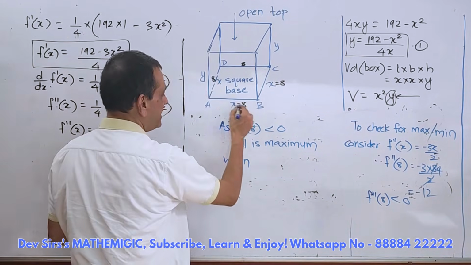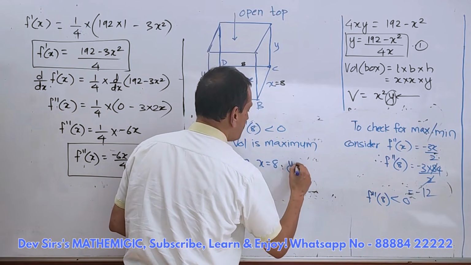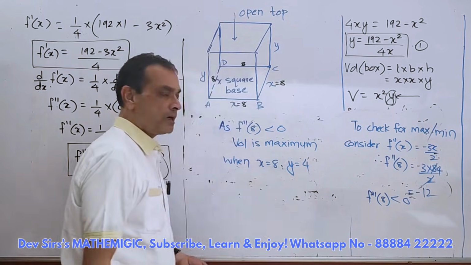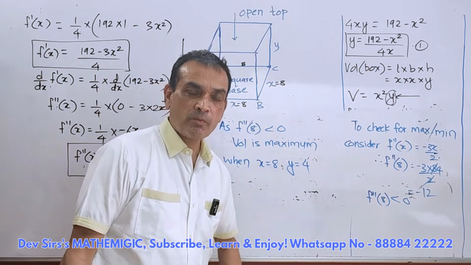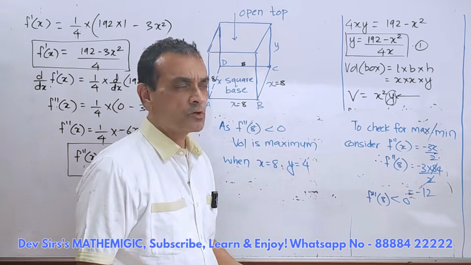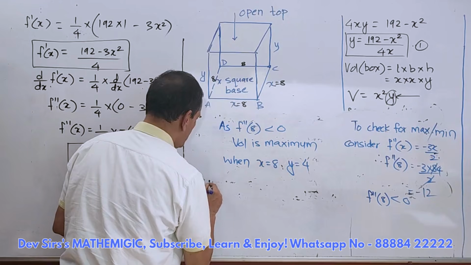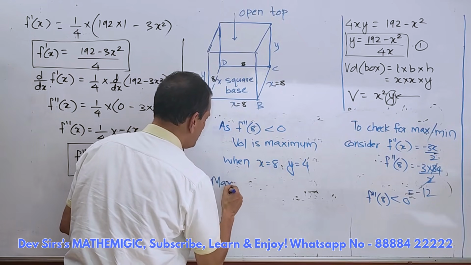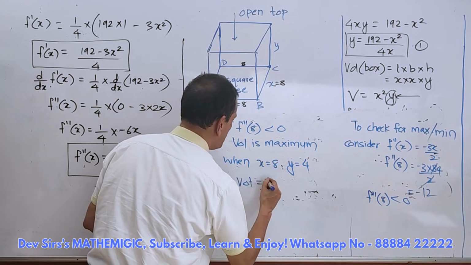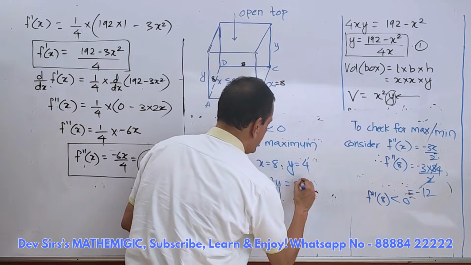The dimensions that were asked have come: x equal to 8, y equal to 4. This much only is asked in the textbook. But in the board exam they have asked to find the maximum volume. So nothing more, just put the values over here. Maximum volume is x squared y.